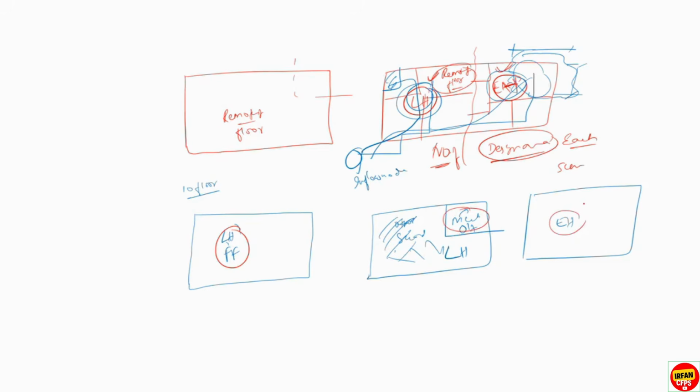And the other floor may or may not be the remotest, that would be fine. For example, the ninth floor is extra hazard and the 10th floor is again light hazard.